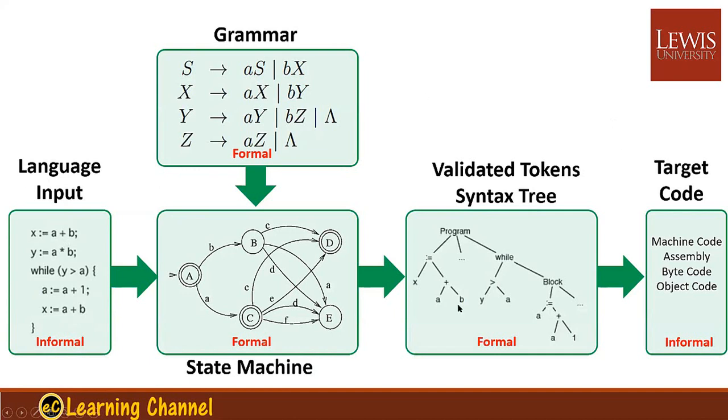So as you can see right here, it tells you the relationship of language input, grammar, state machine, validated token, tree, and target code. Five different things. And these are what we are going to study: Chapter 2, Chapter 3 and 4, Chapter 5. Is that okay? And this is Chapter 1.